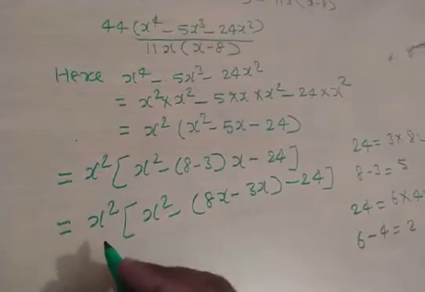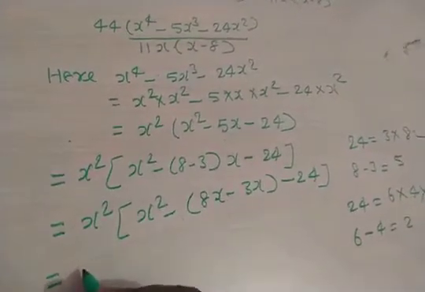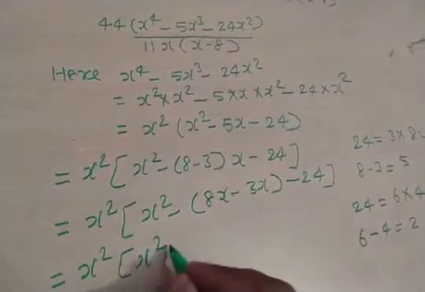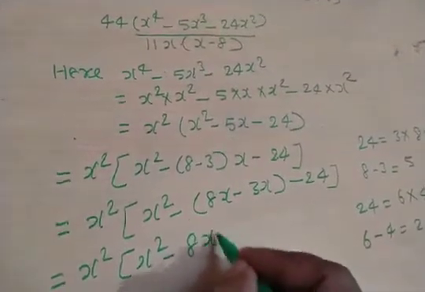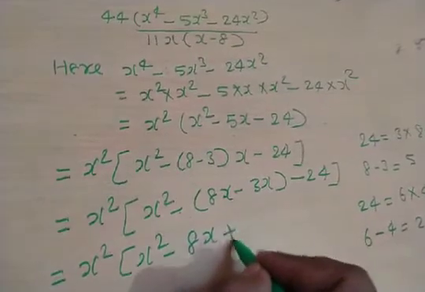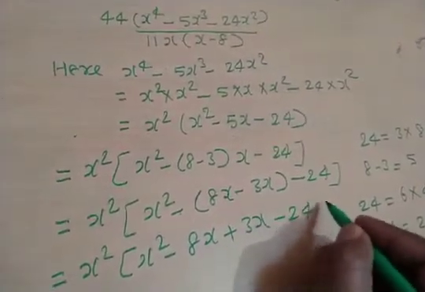Now the next term is x square into x square minus, open this bracket, this becomes 8x, this minus and this minus become plus when you open the bracket. This is plus 3x minus 24.